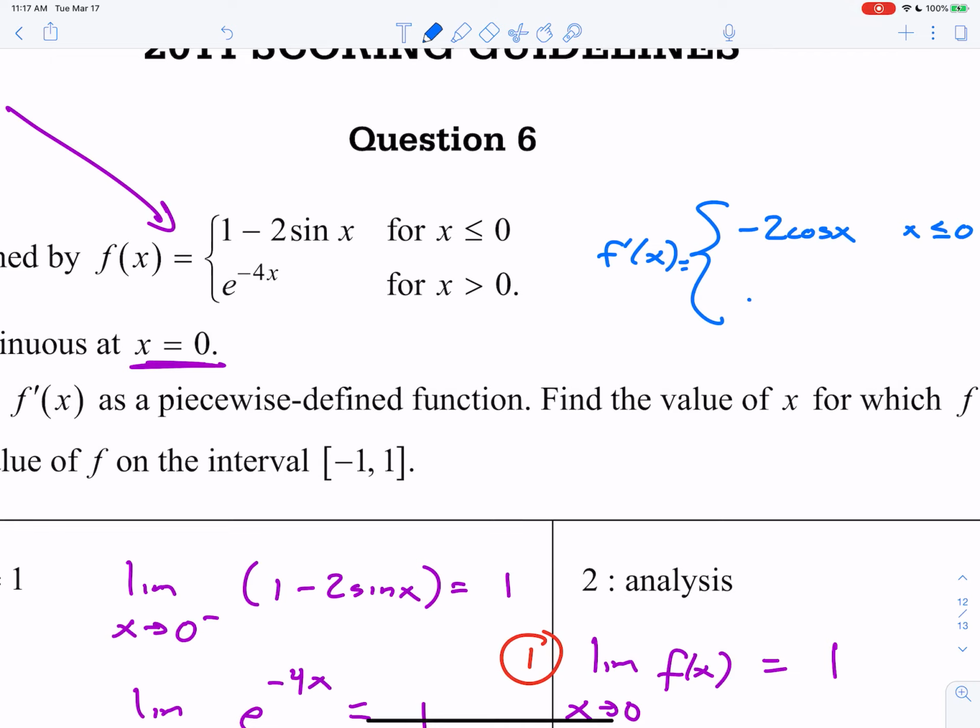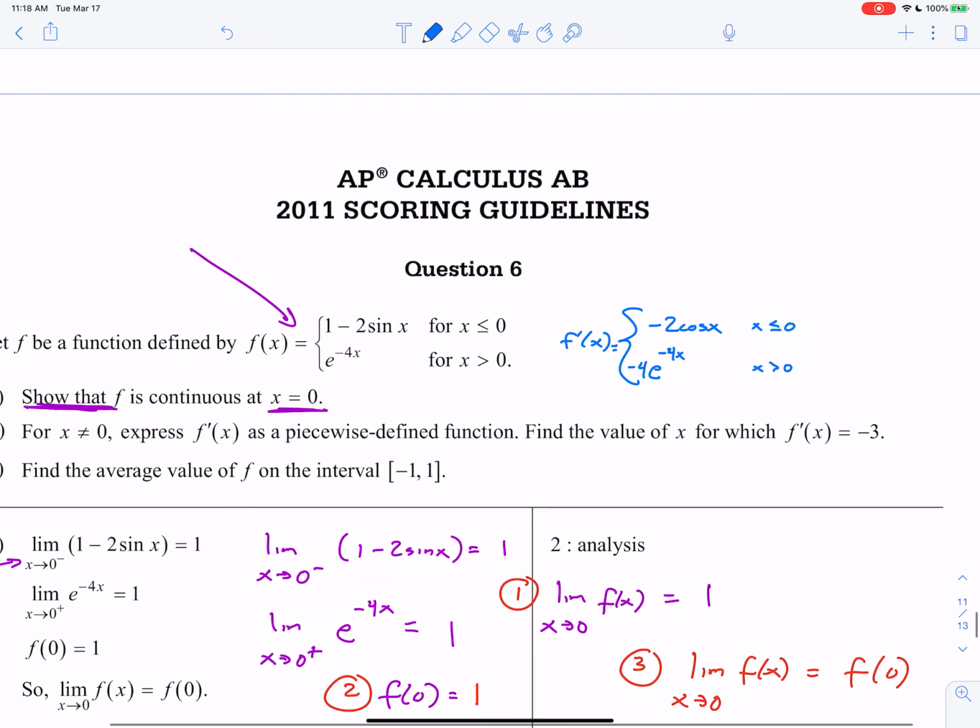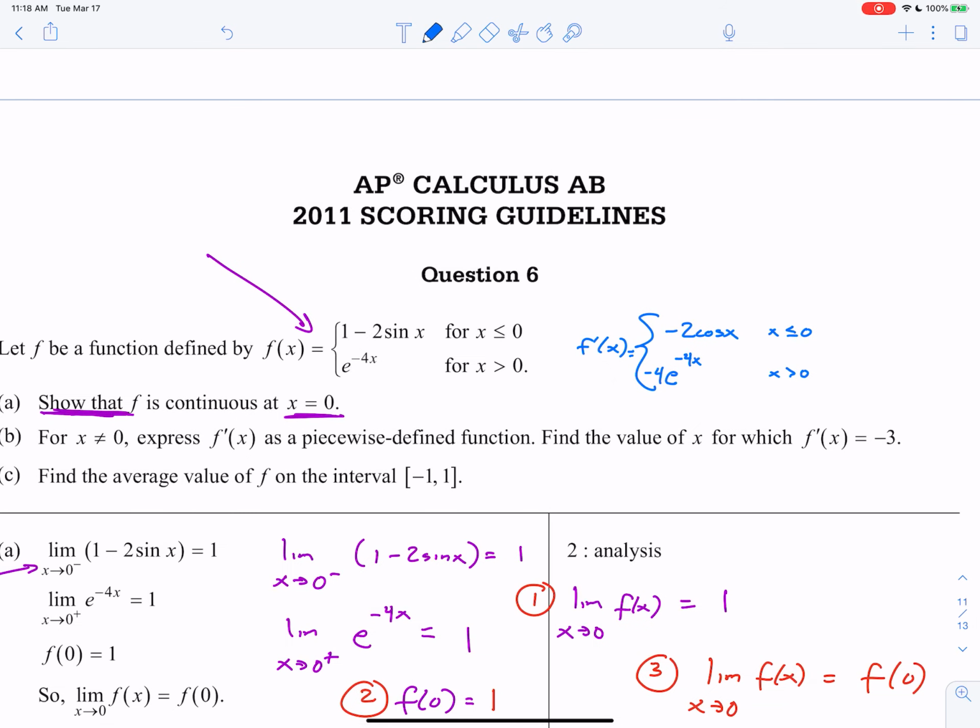So the derivative of the outside of the same inside times the derivative of the inside. I'll put that in the front. You should get negative 4e to the negative 4x when x is greater than 0. Okay? We're trying to find out when the derivative is equal to negative 3. So what we do is we set each function equal to negative 3.